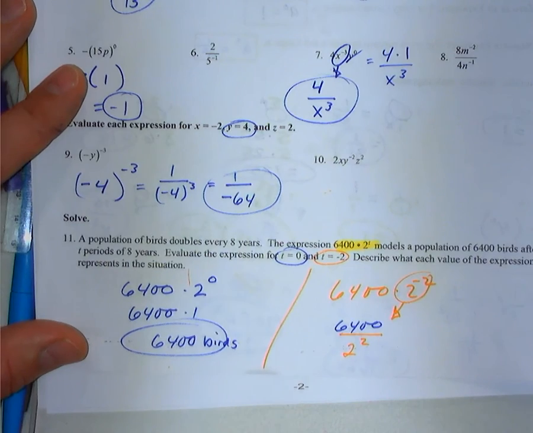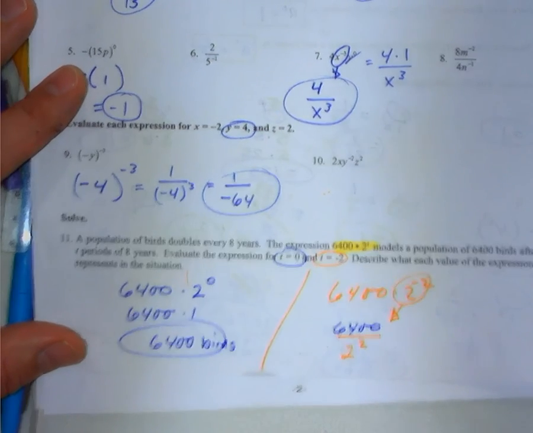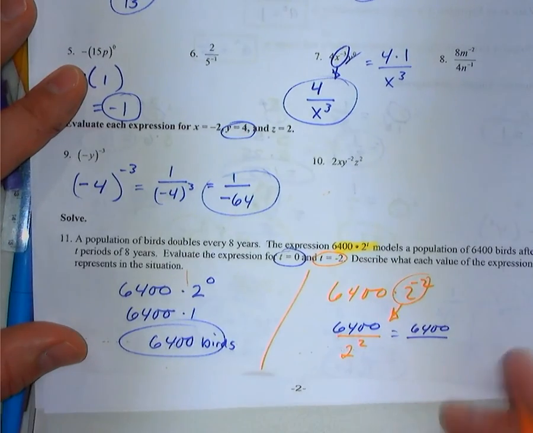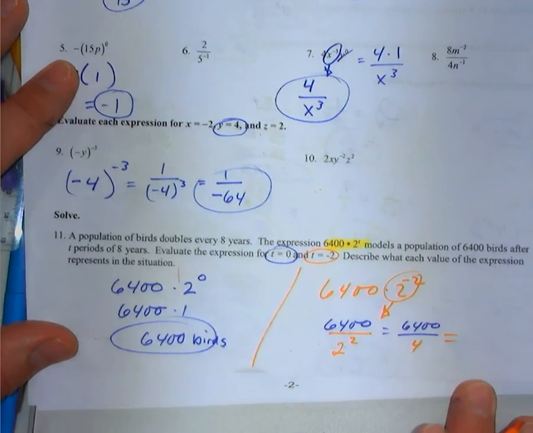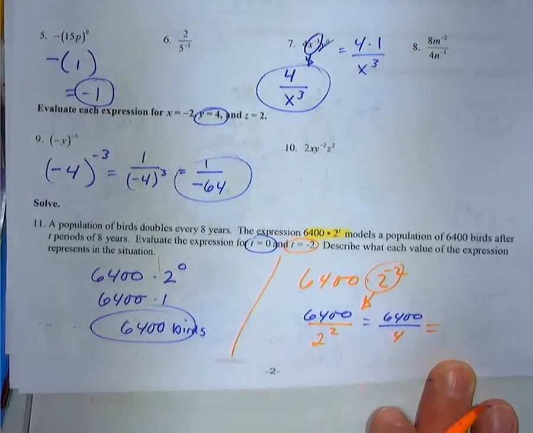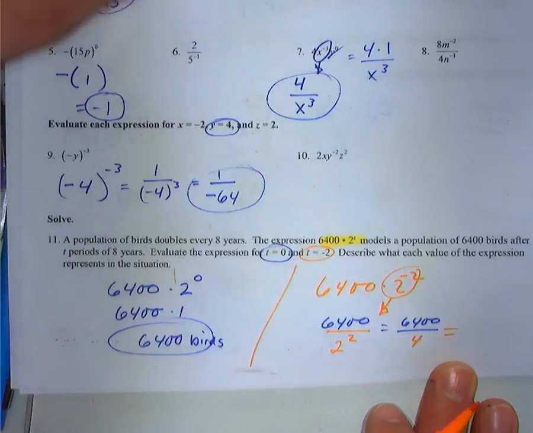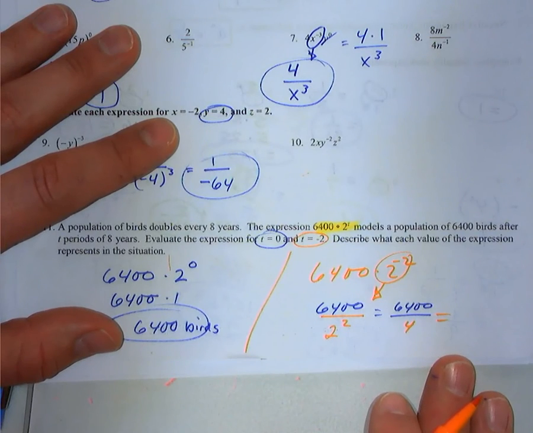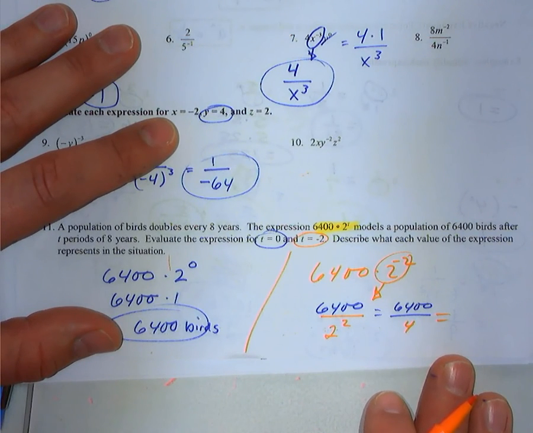And we should know what 2 squared is, right? What's 2 squared, y'all? 4. This is easy, Mr. Gotsch. And then we take 6,400 in our calculators and divide by 4. We can just do it in our heads. What is 6,400 divided by 4? What's 64 divided by 4 and add zeros?